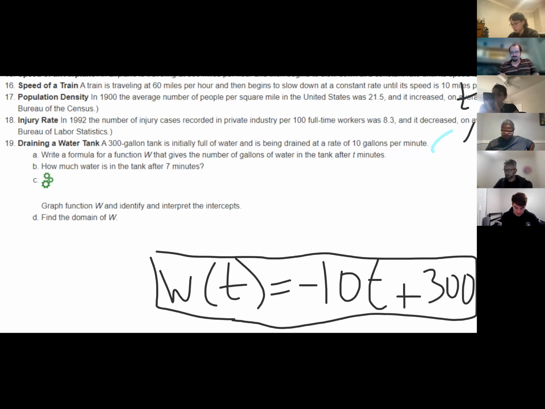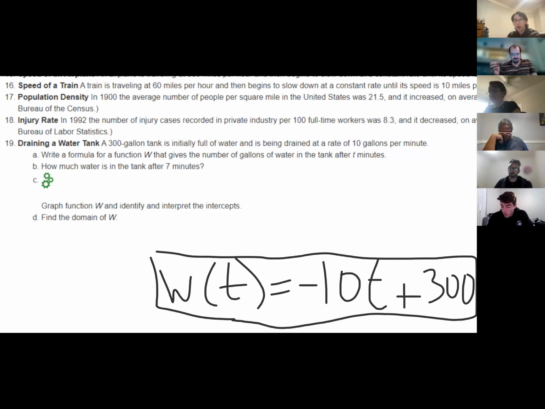Now what do we do? I get this from part A. What is part B telling me to do? When the time is 7 minutes, we need to plug in 7.